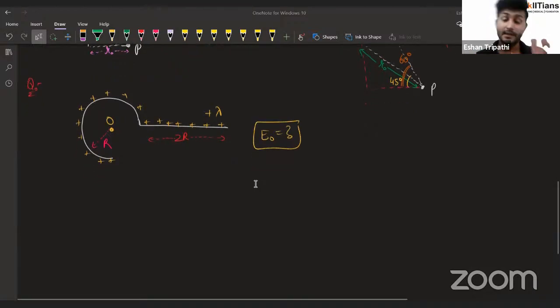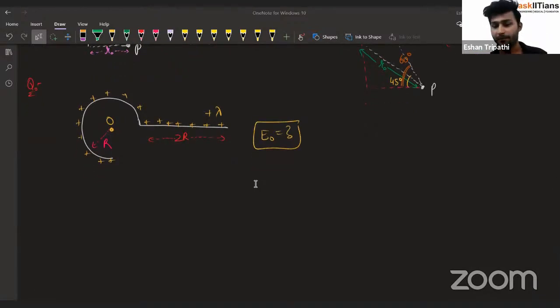I see. These are two different concepts over here. One is electric field due to circular arc. Okay, Nigiri, okay, I'll give you one more minute, guys. Take your time and then we'll discuss it.